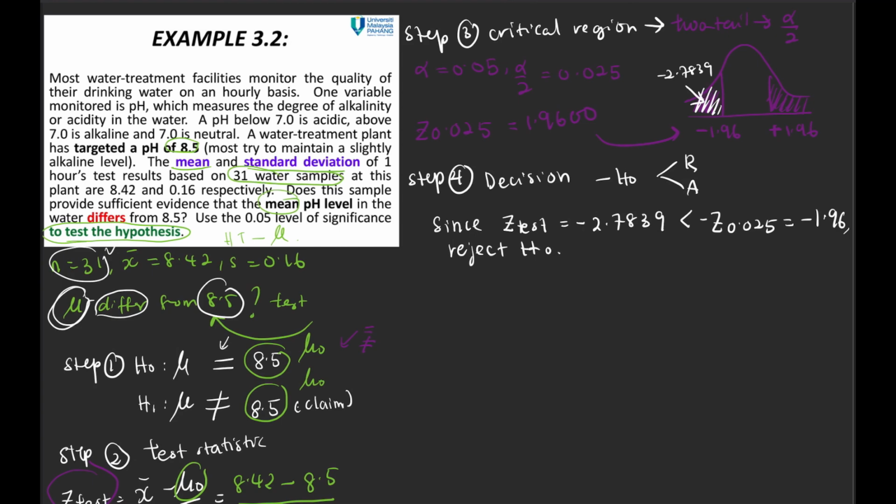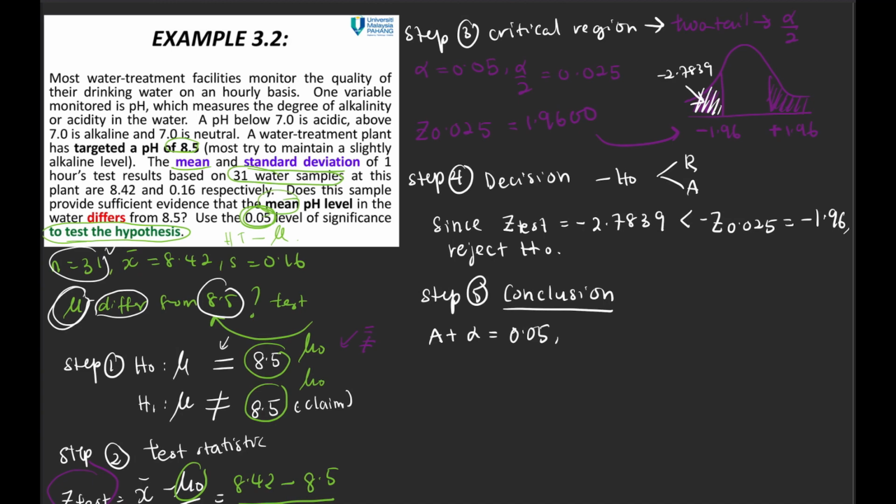Okay, so last step is step number 5. We want the conclusion. So when you write down your conclusion, start with at alpha. How many alpha we use? We use here 0.05. So at alpha 0.05, there is enough evidence or not enough evidence to support your claim. So that's why the claim is very important.